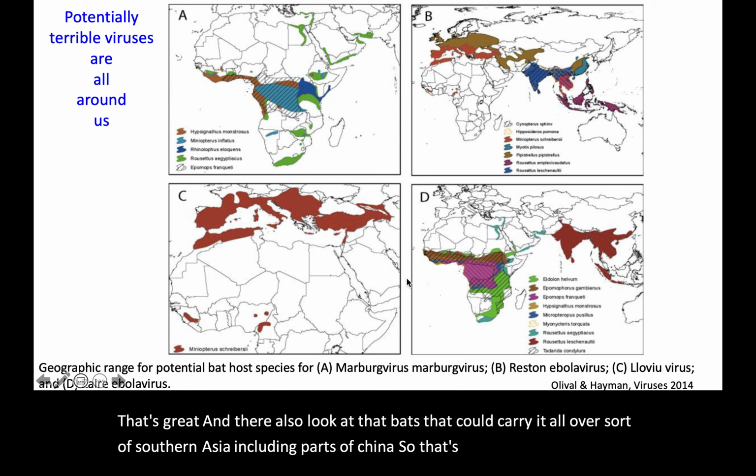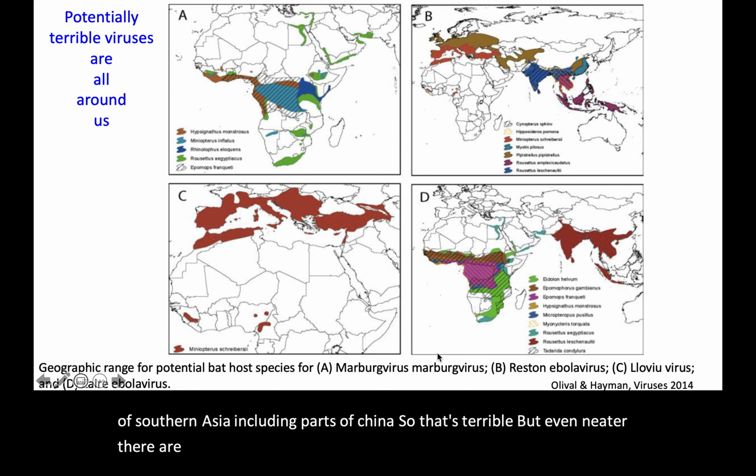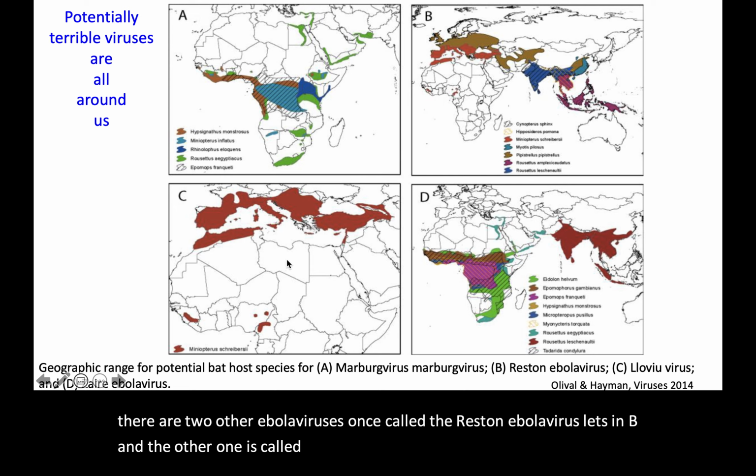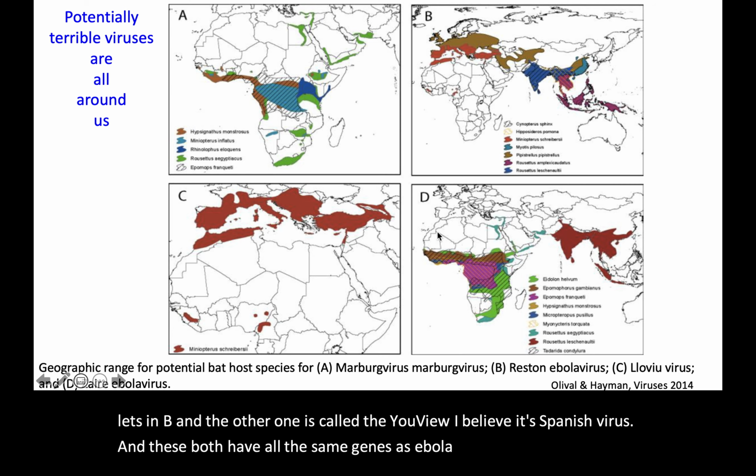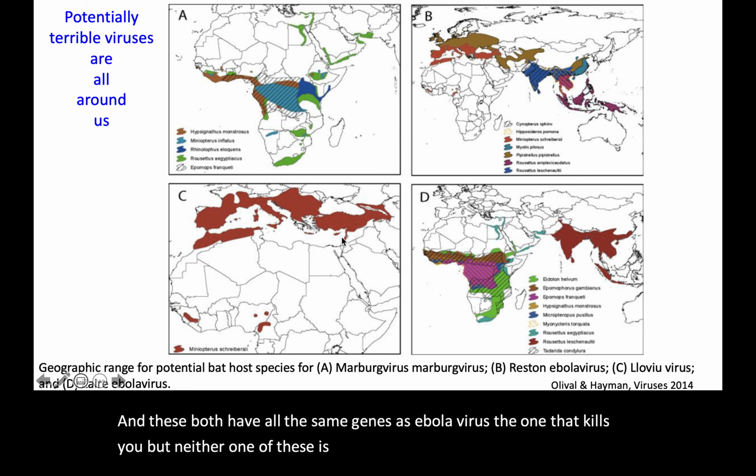But even neater, there are two other Ebola viruses. One's called the Reston Ebola virus, that's in B, and the other one is called the Bundibugyo, I believe it's Spanish, virus. These both have all the same genes as Ebola virus, the one that kills you, but neither one of these is associated with a single human death yet.